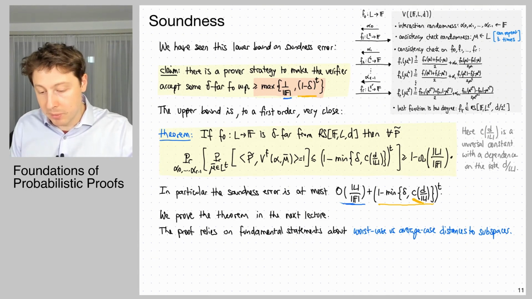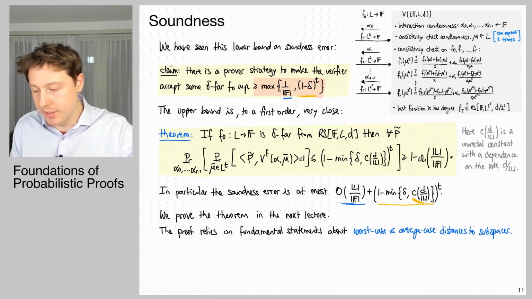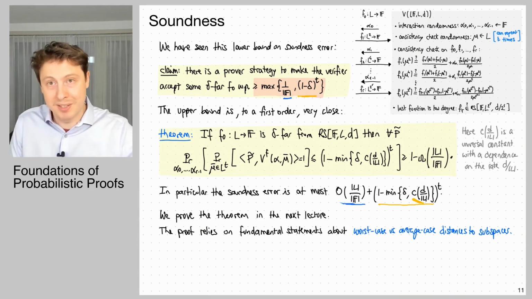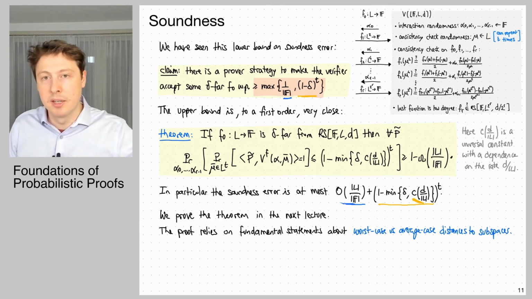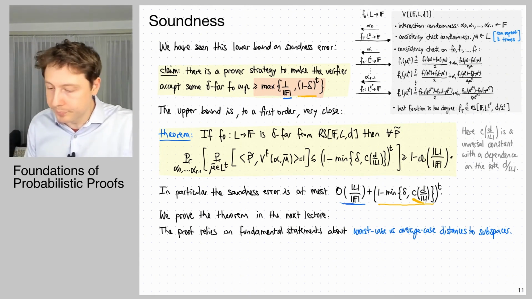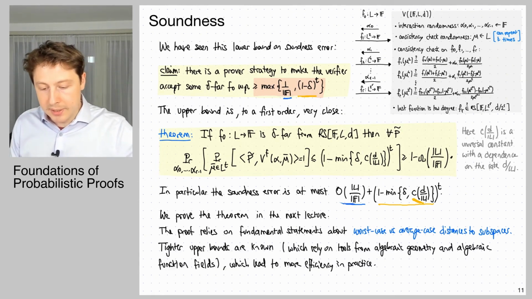The proof relies on fundamental statements about worst case to average case distances to subspaces, namely how distance behaves under folding. We'll see it in specific settings, but those are phenomena that hold for every vector space, every linear code. And actually, this is not the best form of the upper bound.